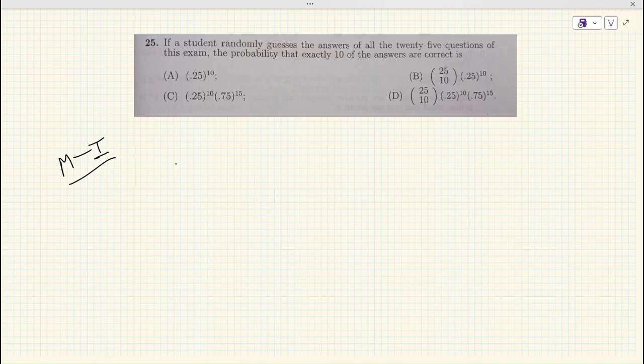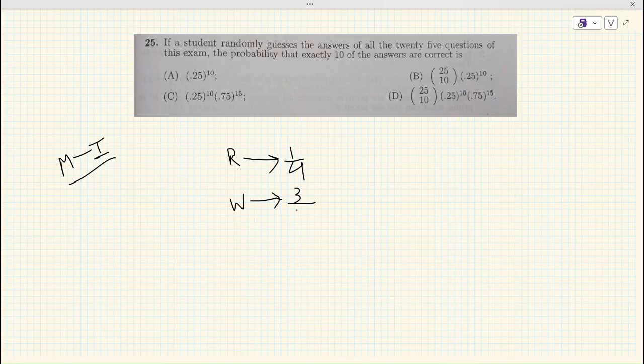First, all possible outcomes of any trial can be divided into two mutually exclusive events. If a student gets the answer right, its probability is 1 by 4, and if a student gets it wrong, its probability is 3 by 4.